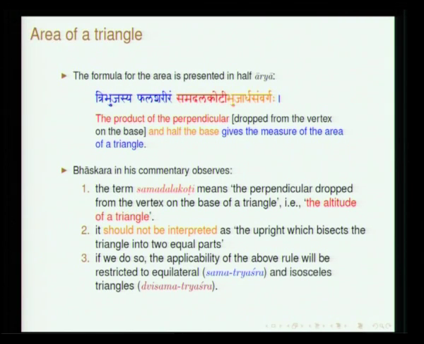The word dala is generally used to refer to half, splitting. Okay. So, dala means, samadala is generally taken to be equal division. When you divide, this is how the meaning comes, but then if we use this, it will not be applicable for all the triangles.